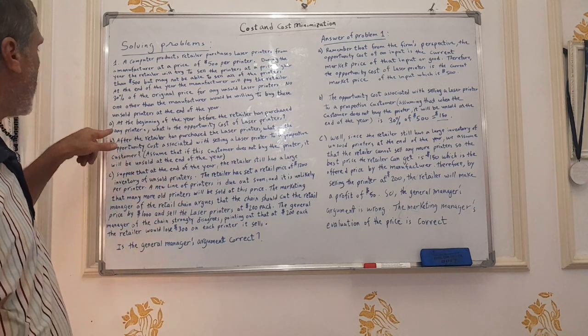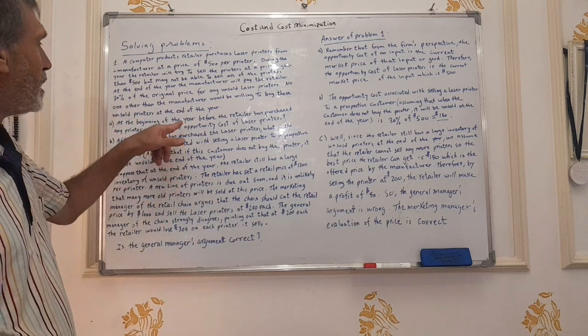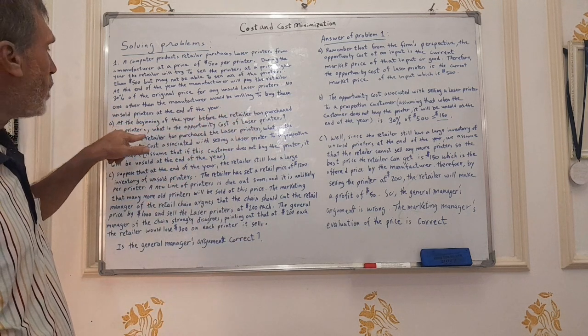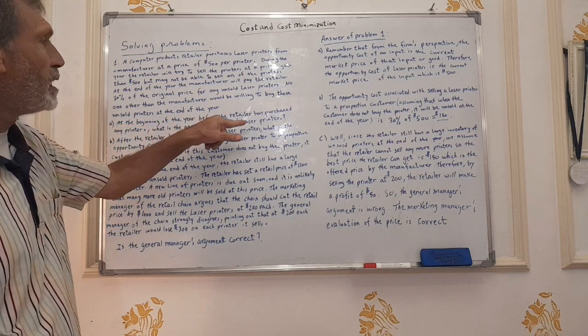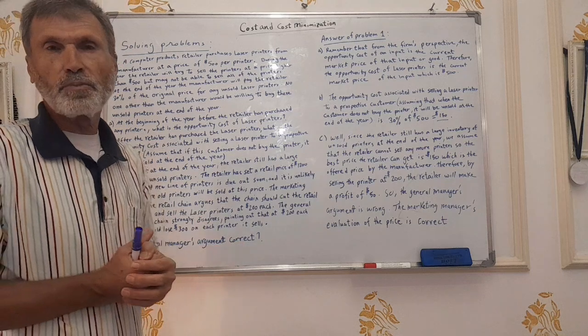Therefore, the question A: at the beginning of the year, before the retailer has purchased any printer, what is the opportunity cost of a laser printer? Remember what we said about opportunity cost.